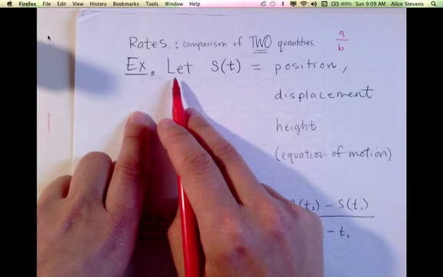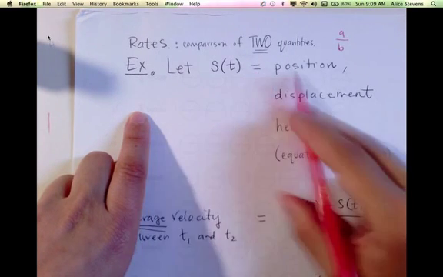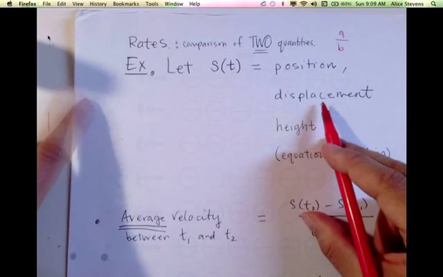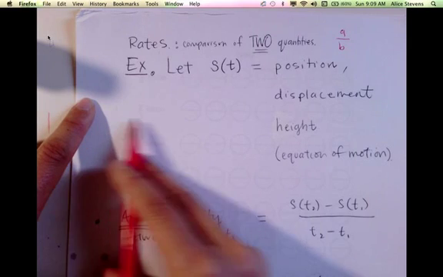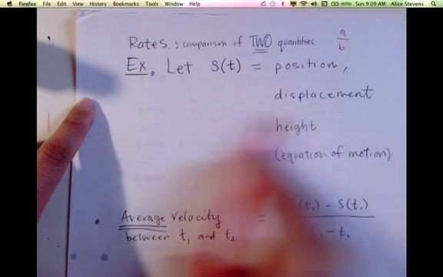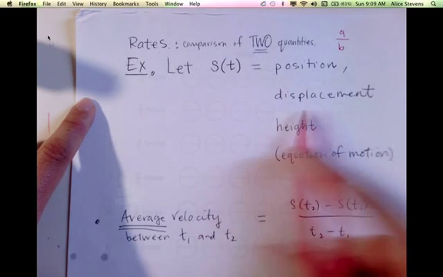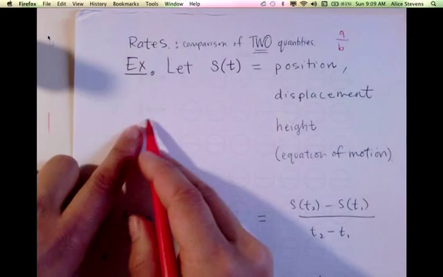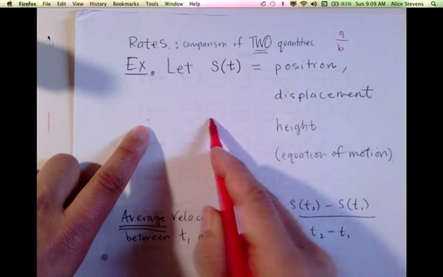Sometimes we'll be working with a function, s of t, that represents position, displacement, or height. The idea is that you have something moving in one direction. It might go back, it might go forward, but it's like a particle or a car moving. And we want to measure the position after time t.